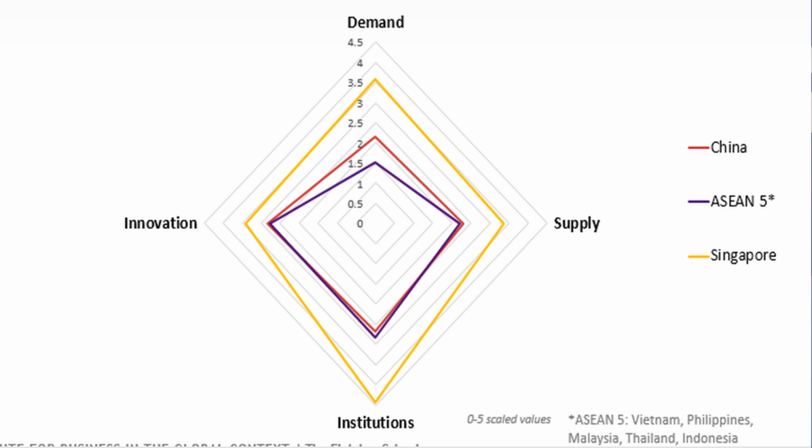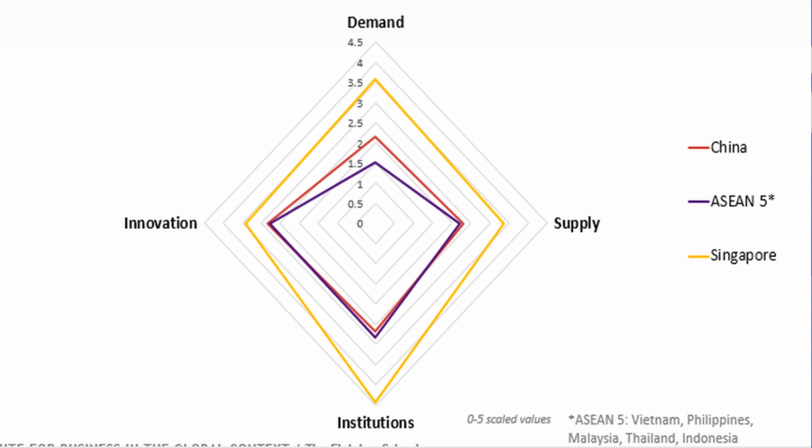Now, another way to look at this picture is by looking at the digital evolution scores vis-a-vis some benchmarks. This diamond is one way of doing that, where you look at the four categories of demand, supply, innovation, and institutions. The diamond represents how far evolved a country is.